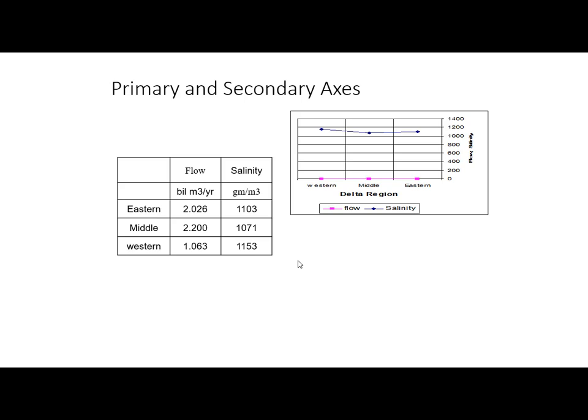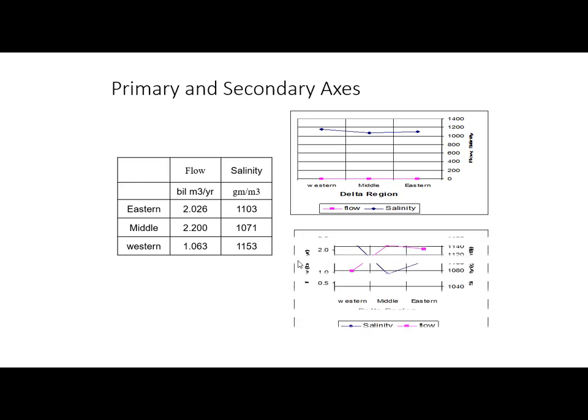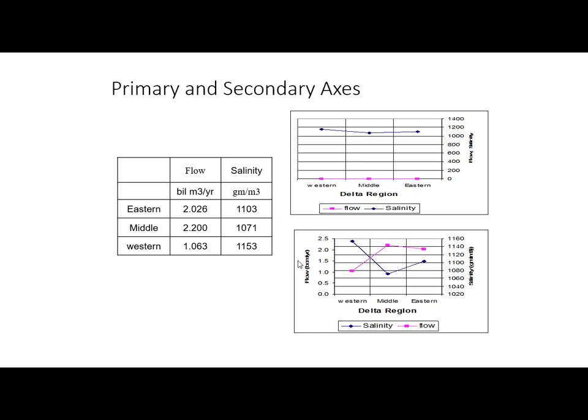Here you can see, if we try to plot the two columns, the column with the smaller numbers will be very close to the x-axis and we cannot read it. Therefore, we need in this case to have another secondary axis to allow us to read the smaller values, as you can see.